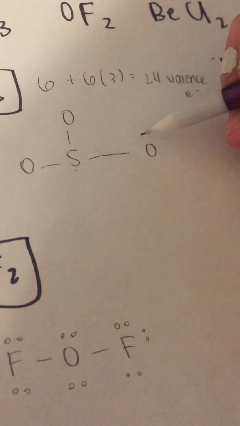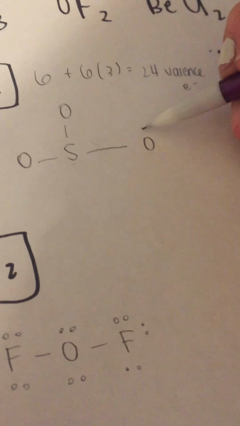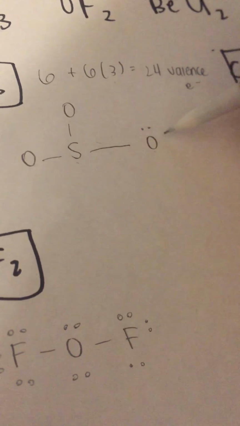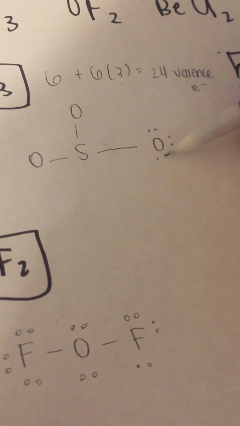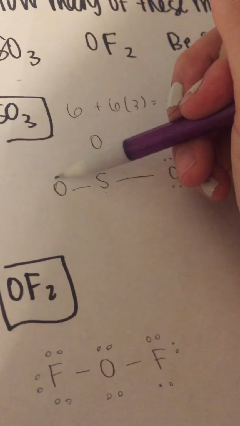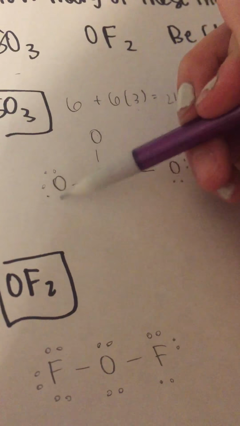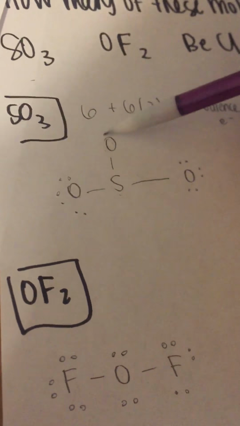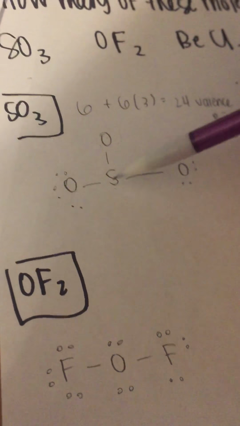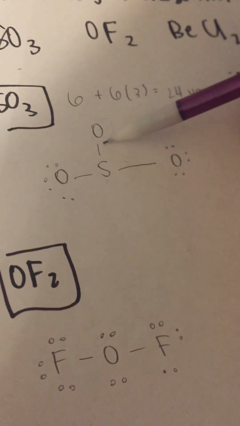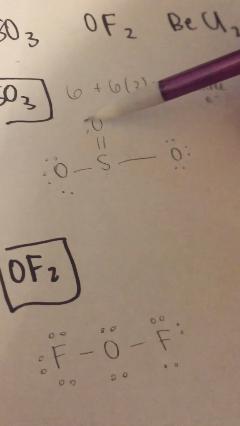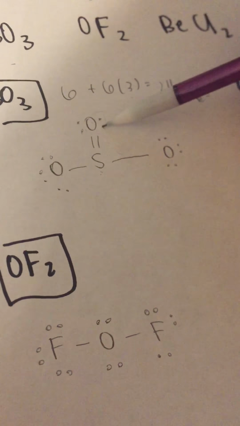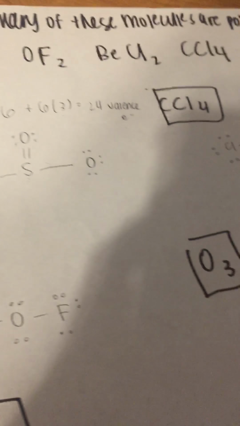Then you start by filling out the outer atoms first, using the 24 valence electrons that we have. Because we do not have enough valence electrons to fill this shell up with 8 electrons and this one, we're going to draw a double bond here so that all the atoms are satisfied.